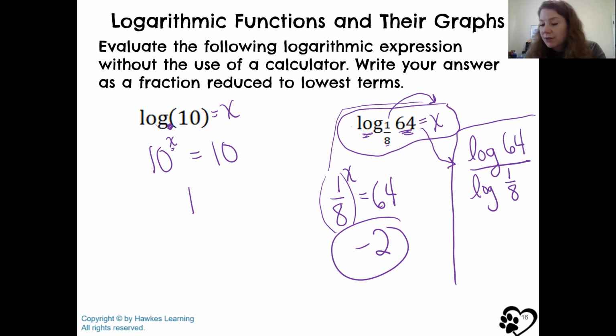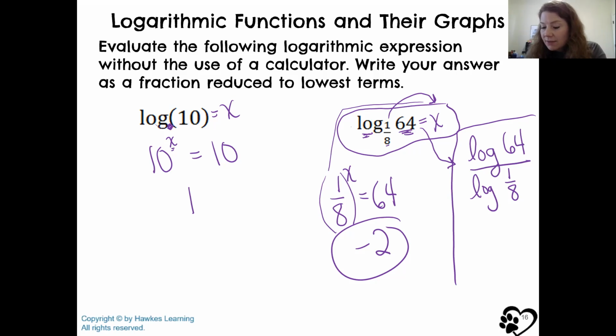Let me trade calculators, see if this one does it. Fraction log of 64 over the log of 1/8. Oh, my gosh.